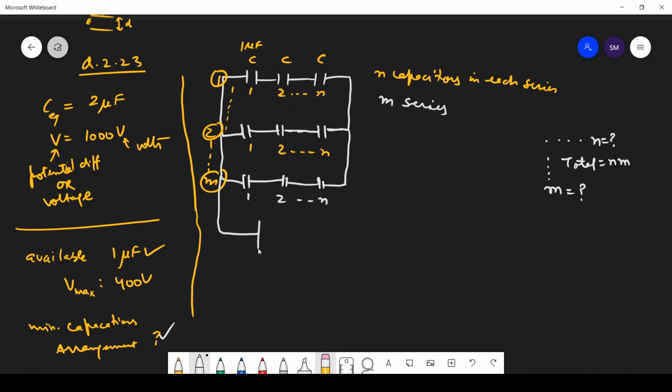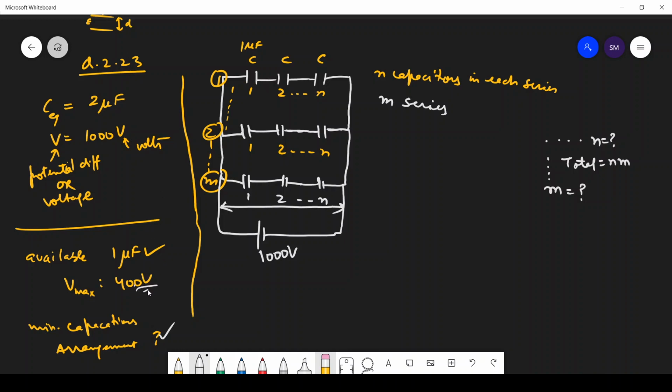I am providing them a potential difference of 1000 volts. So 1000 volts will be across all the n capacitors. Here also 1000 volts, here also 1000 volts.